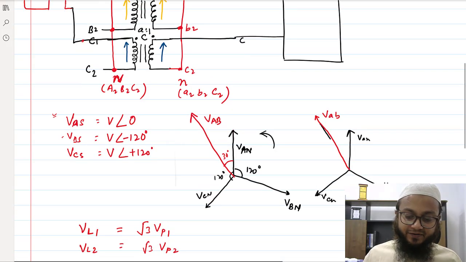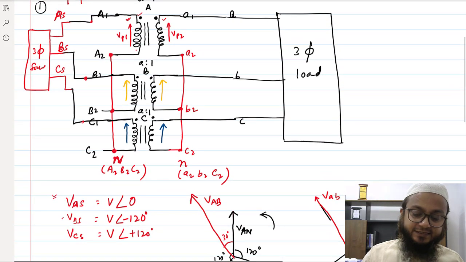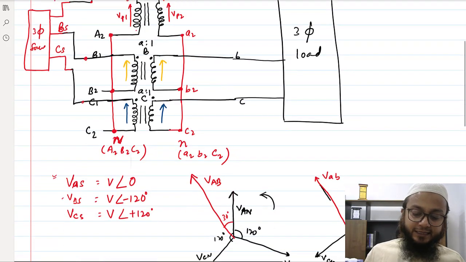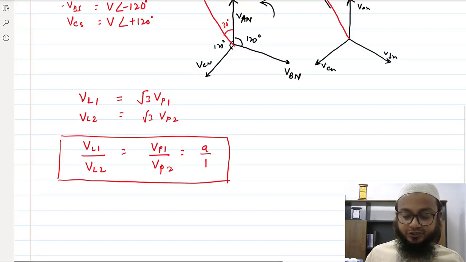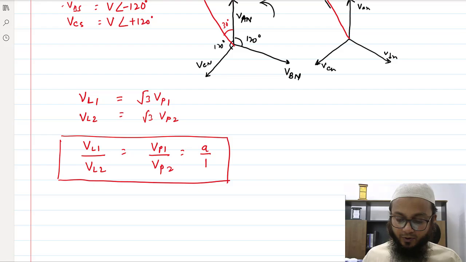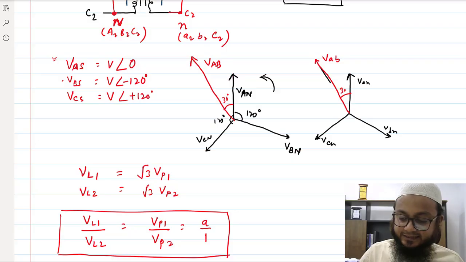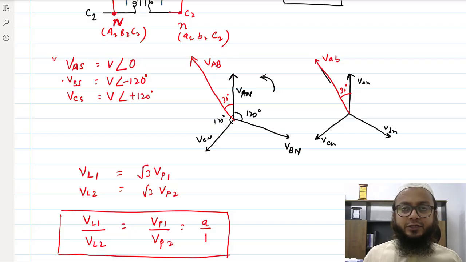If the per phase turn ratio is A is to 1, then the line voltage turn ratio remains same, that is A is to 1. Okay, and what is the relative angle between the line voltages? The relative angle between the line voltages, or either the phase voltages of both the sides, if you see, that is 0 degree.